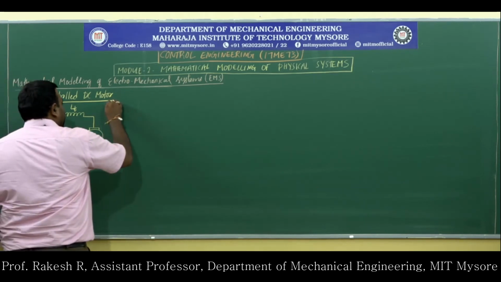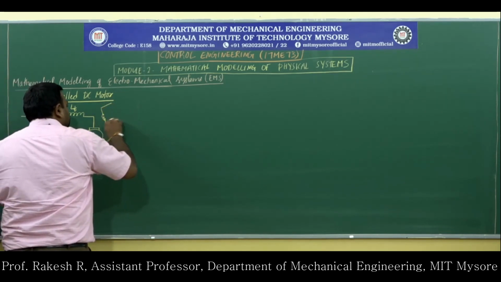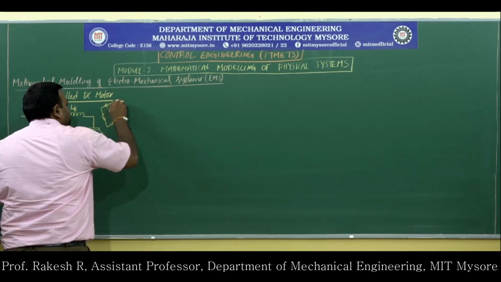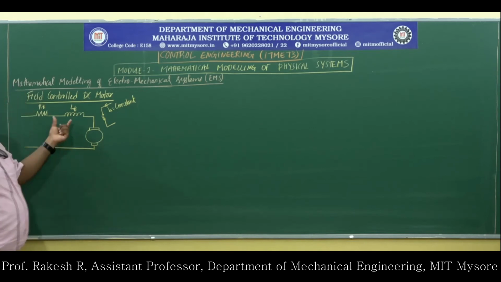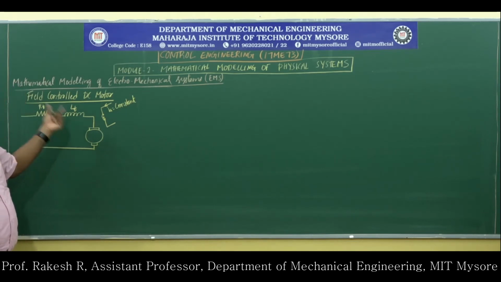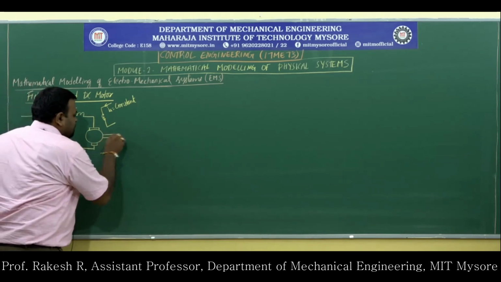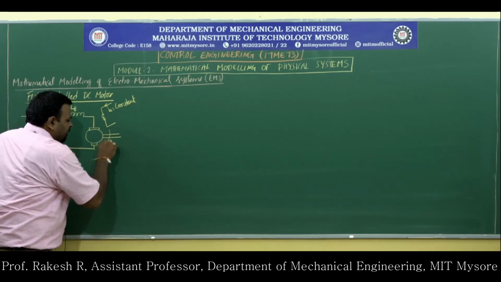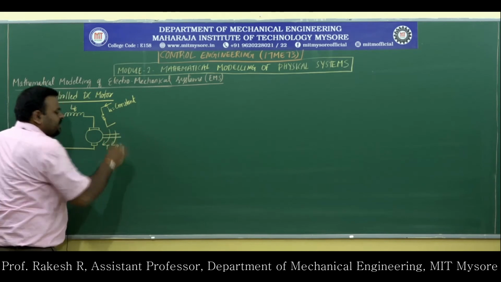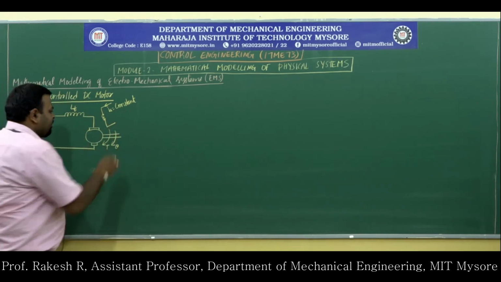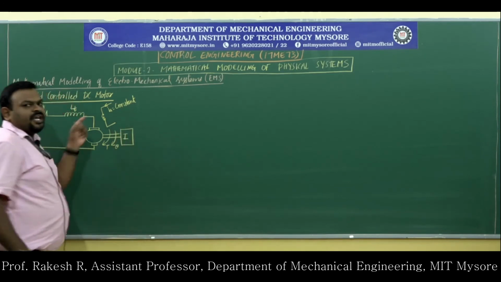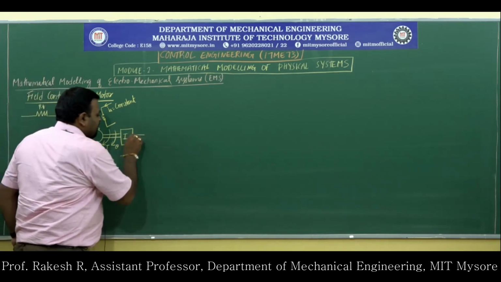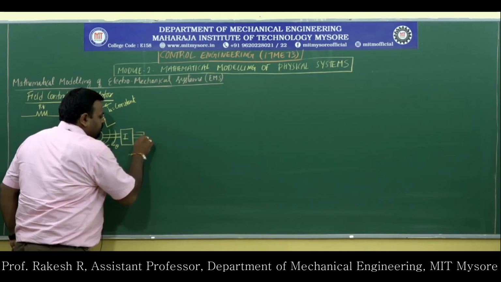Another thing is the current across armature remains constant. Very important thing. So here the excitation is only based on the field supply voltage. Because of this excitation, torque will be generated. Because of torque, the motor will get rotated, and it is a rotational system along with a damping.